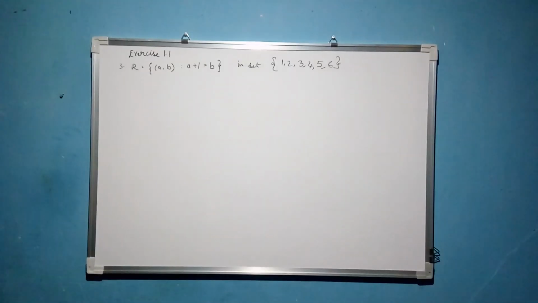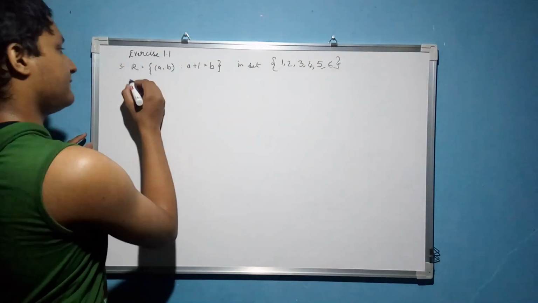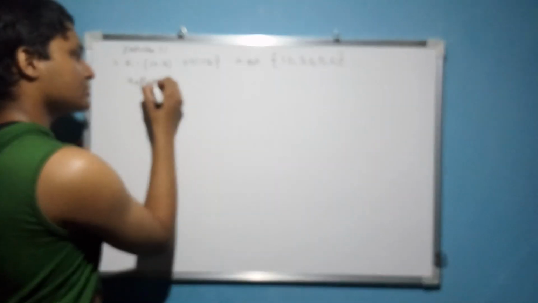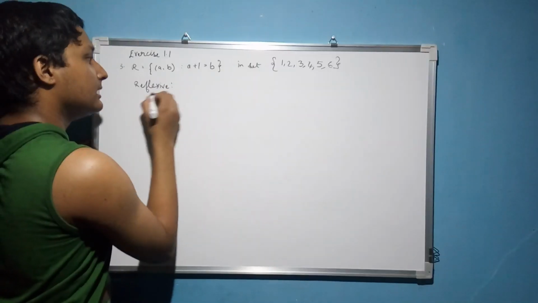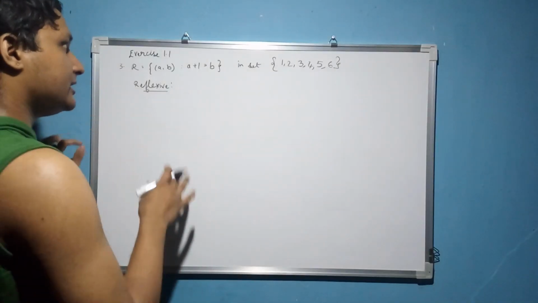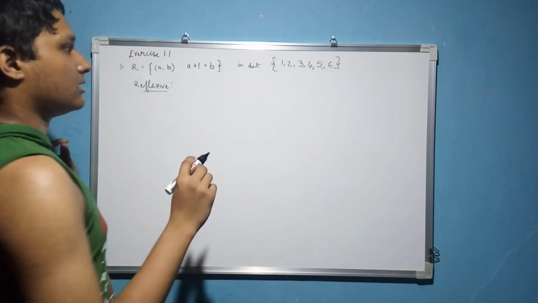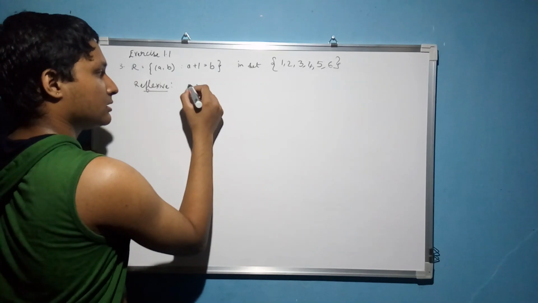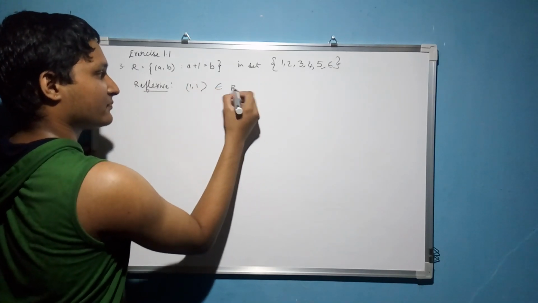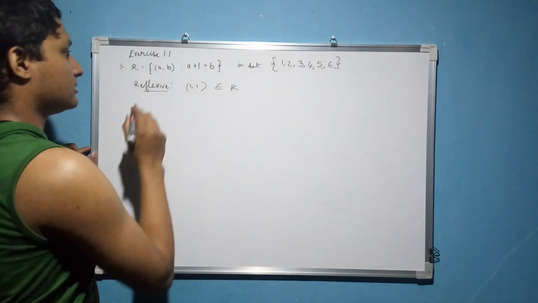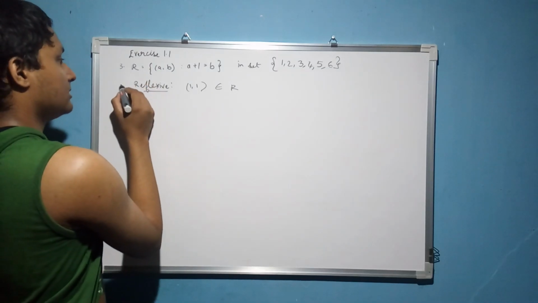Now we have the third question, which says we need to check whether this relation is reflexive, symmetric, or transitive. The first one is reflexive. Seeing the question itself, we do not know whether it is really reflexive or not. I need to just check it. If it is reflexive, that means (1, 1) should belong to that relation.